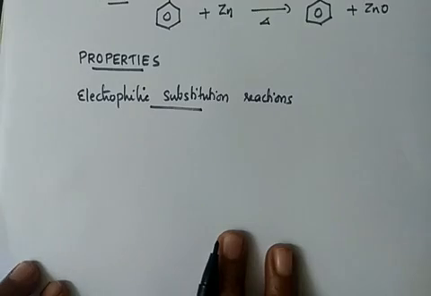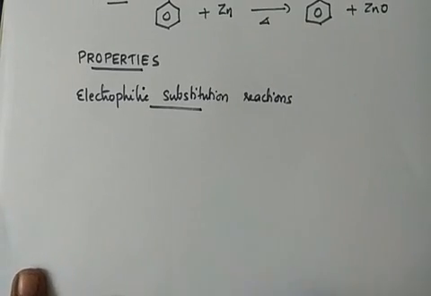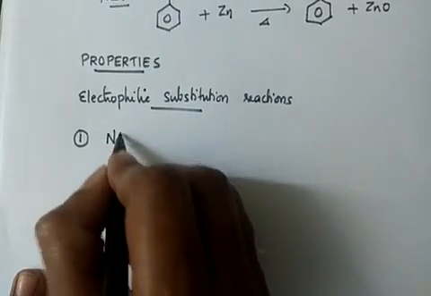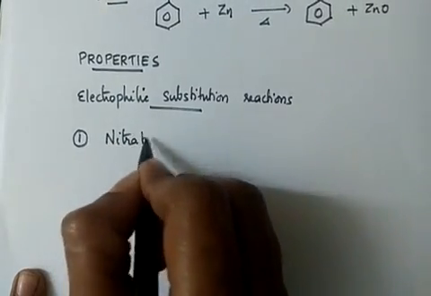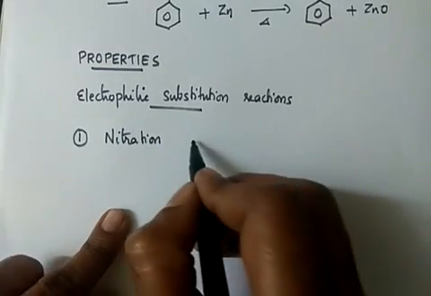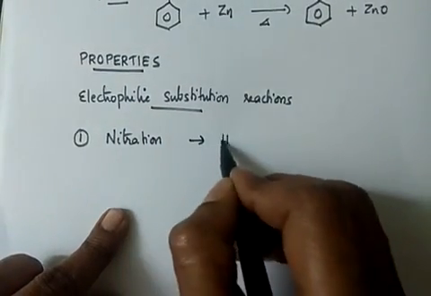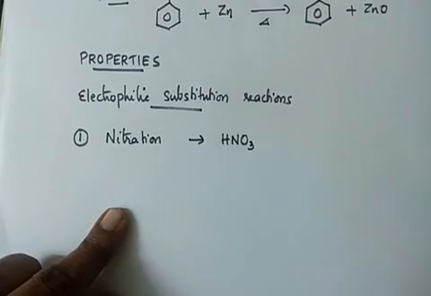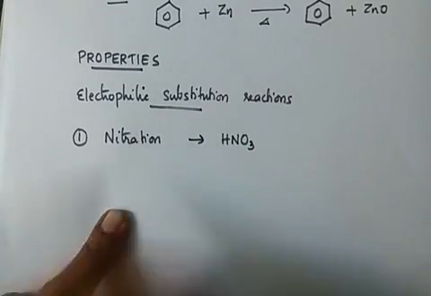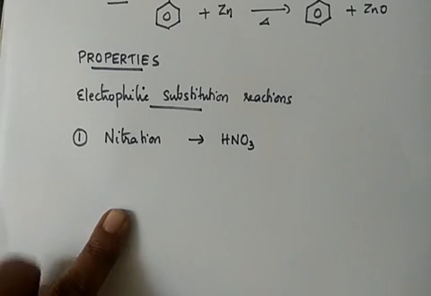Benzene undergoes electrophilic substitution reactions, and the first reaction is nitration. Nitration means reaction with nitric acid, HNO3. Okay, reaction with nitric acid is called nitration. Any compound's reaction with nitric acid is called nitration.